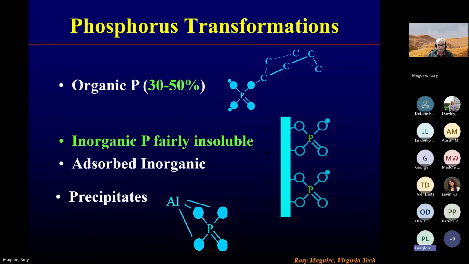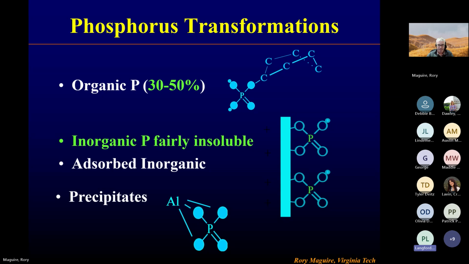And so for phosphorus transformations, organic phosphorus, which is your animal manures, biosolids, plant residues, humus, and what your microbes break up, is 30 to 50% of your soil phosphorus that mineralizes into your inorganic phosphorus, which is fairly insoluble, like we mentioned.